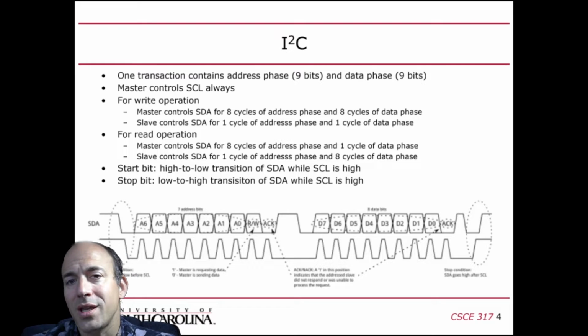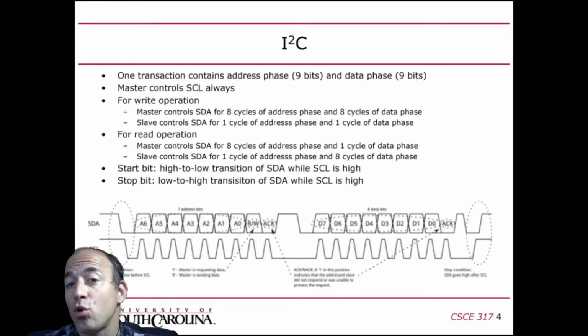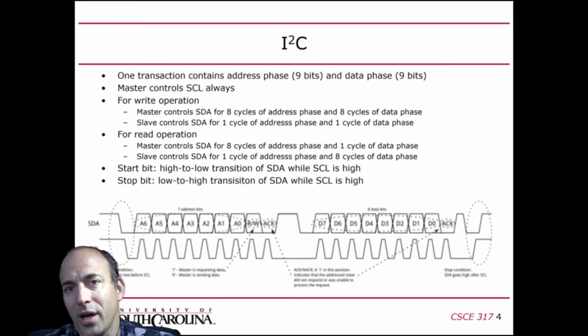Now this is assuming that you're only transacting 1 byte, and in fact there is a way you can transact more than 1 byte with I²C, much like we did with SPI in the last lab, but we are not going to cover that type of transaction this semester. So we are focusing only on the single byte transactions.